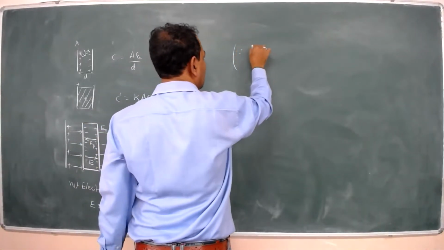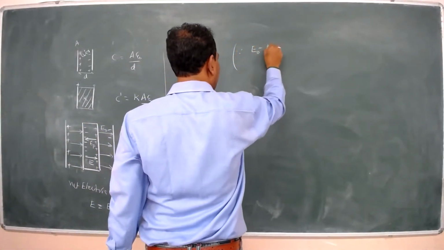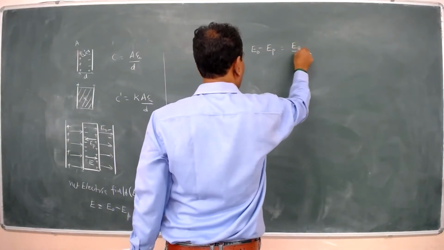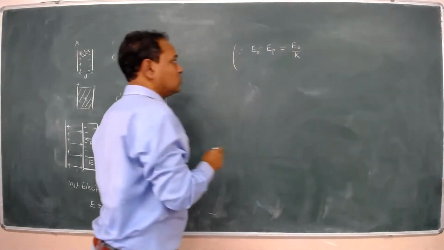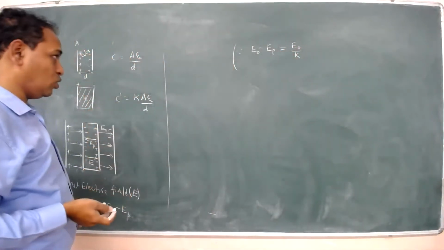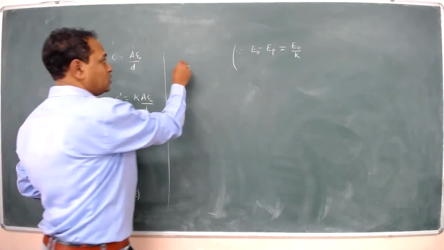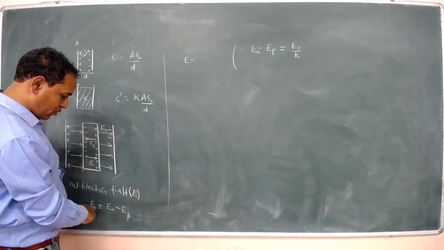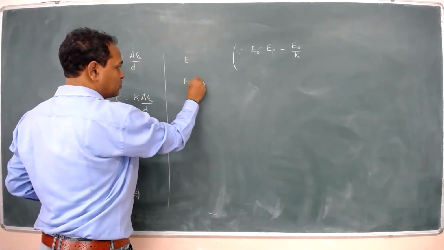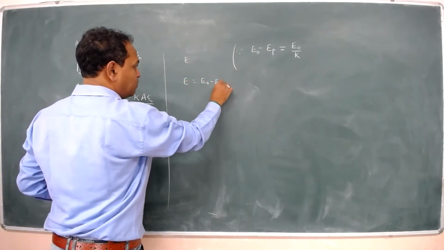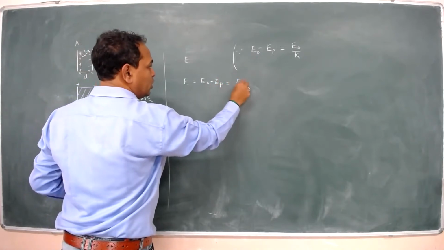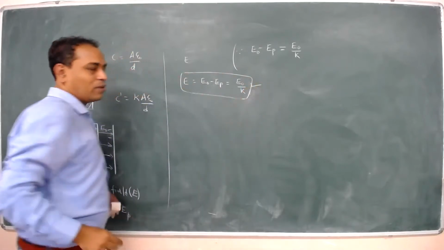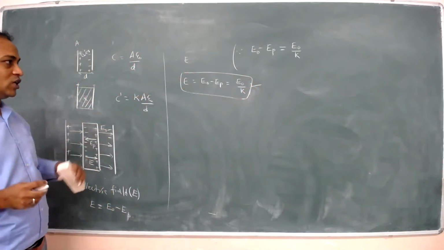Since we know that E0 minus EP is equal to E0 by K, also we can write, instead of this, E is equal to E0 minus EP, which is also equal to E0 by K. So the net electric field is given by E0 by K. So we got the expression for the electric field inside.